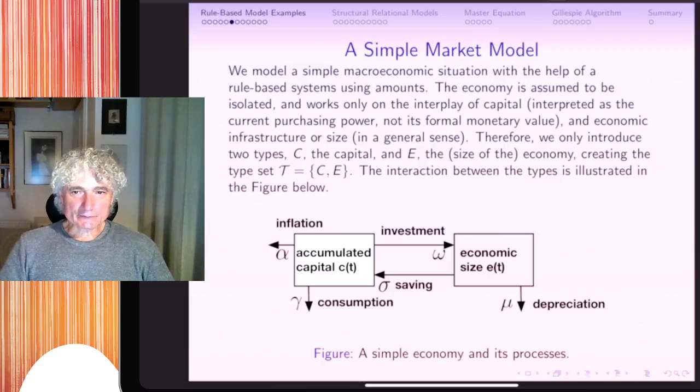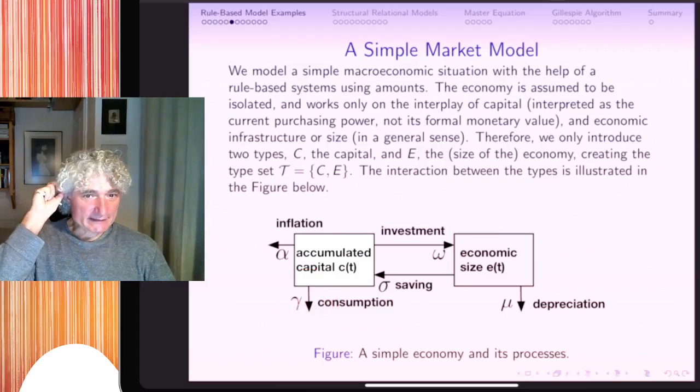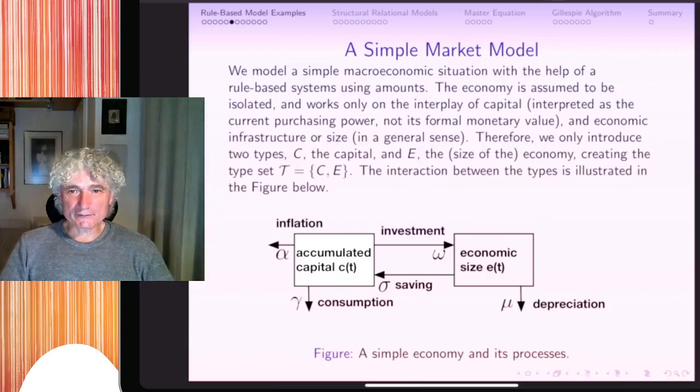And that is something we model to be a drainage, so to speak, from the accumulated capital, and not directly a drainage from the economy. So the idea is, of course, that we buy certain products and then consume them.